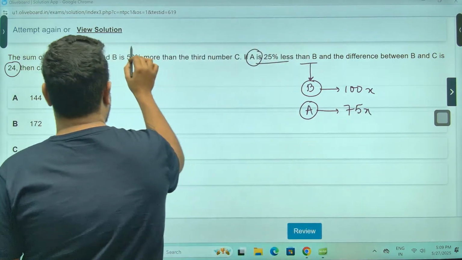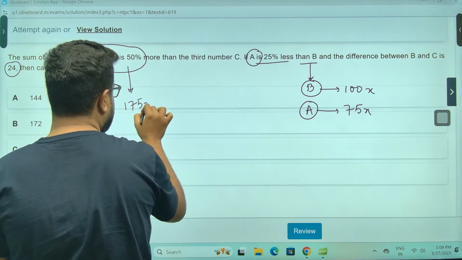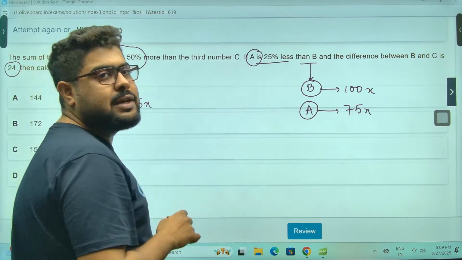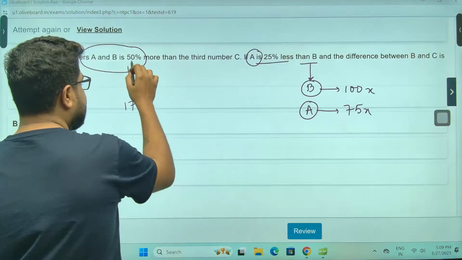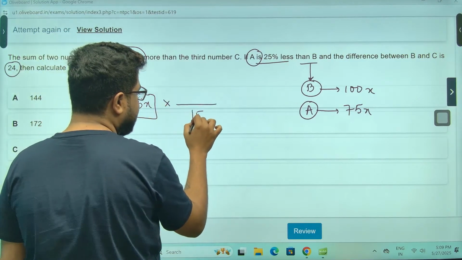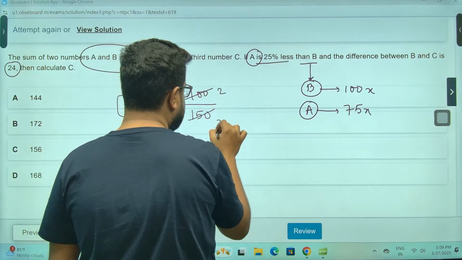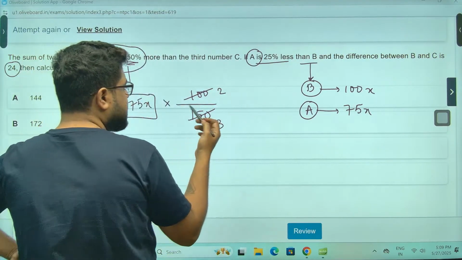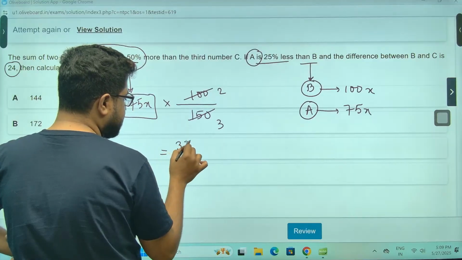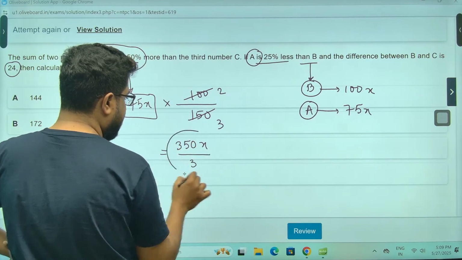Now A and B sum, that is 175x. Sum is 50% more than the third number C. So whatever is C, this represents 50% more, meaning this represents 150. I need 100. So it is 350 by 3, 350x by 3.